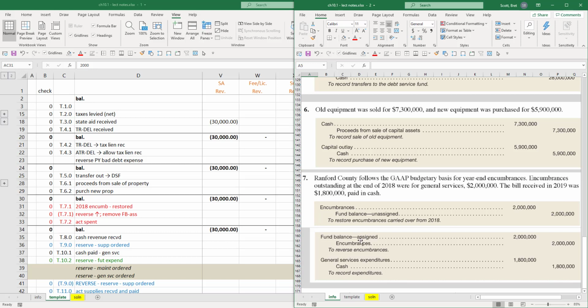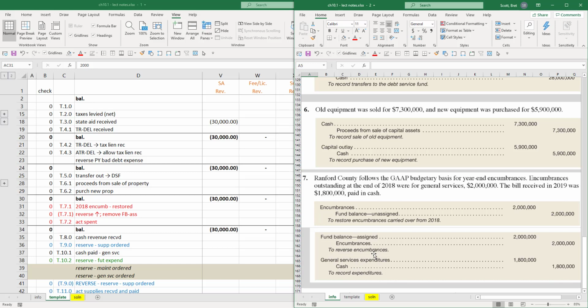But now we're saying, hold on, we've paid for that. We've received those services, right? So let's go ahead and credit the encumbrance to say we no longer need the $2 million set aside. So we put $2 million in, immediately take $2 million out. It's kind of quick. You don't even really notice it, but the encumbrance nets to zero. Where does the debit go? The fund balance that was assigned, and that was to reverse the encumbrances from last year that we essentially brought over into this year.